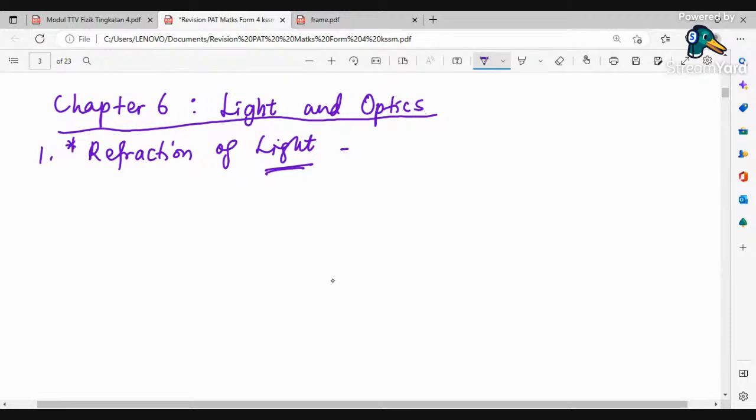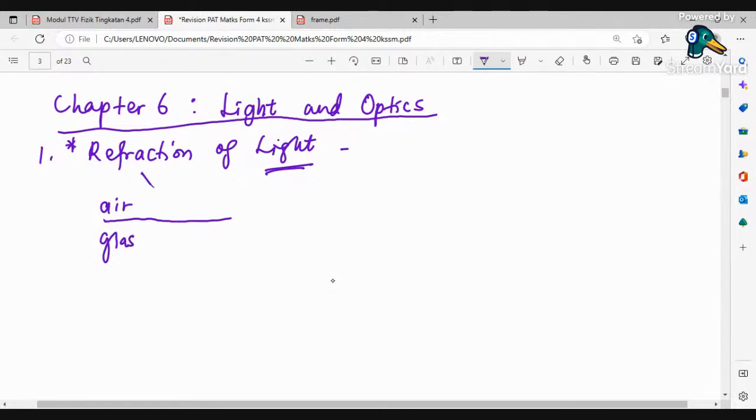Then we discuss what happens when light travels from less dense to denser. For example, air to glass.